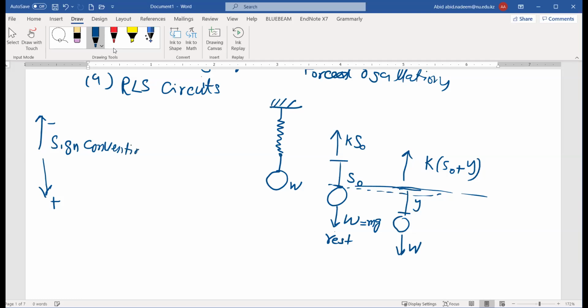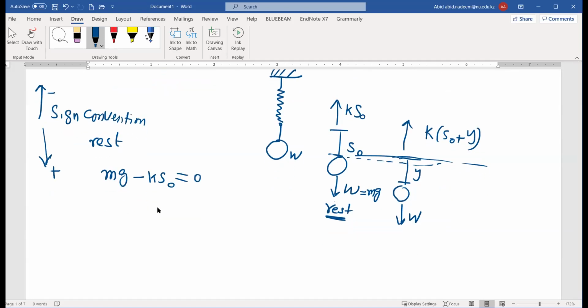In this situation, when the mass is at rest, the downward force is mg and the upward force is ks naught, which due to the sign convention we represent by minus ks naught. Their resultant will be 0 because the mass is at rest. There is no net force. So from this relationship, we found that mg is equal to ks naught.